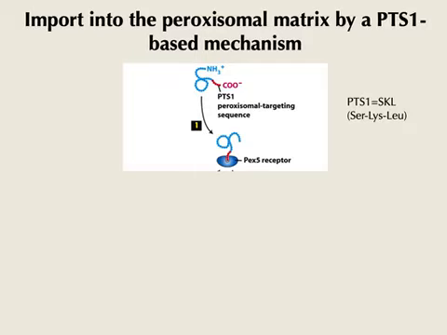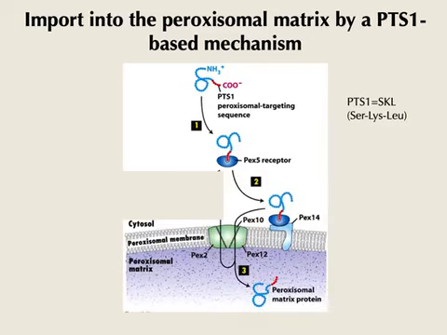The PTS1 shows up, PEX5 recognizes it and helps bring it to a receptor on the peroxisomal membrane. Then there's formation of this complex, which is the transporter itself, right? Again, this is quite analogous to what we saw with SRP, the SRP receptor, and the Sec61 translocon, okay? And then the peroxisomal protein can wind up in the matrix.